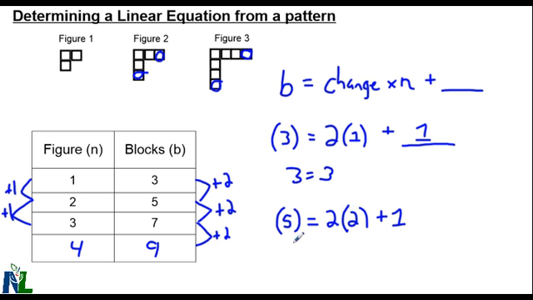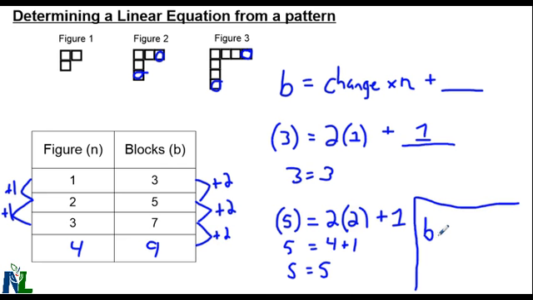Well, 5 is equal to 2 times 2 is 4 plus 1. Well, 5 equals 5. This works out. So my equation now, I've determined it to be b equals 2 times the figure number plus 1, and that will be your linear equation.